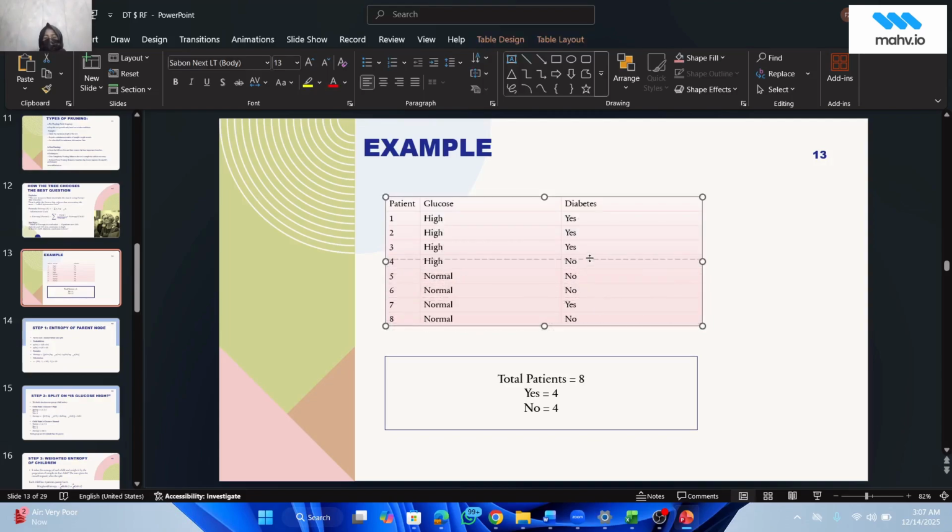After doing that, we know that in the first split, when glucose is high, there are 3 yes and 1 no, and in normal glucose level we have 3 no and 1 yes.